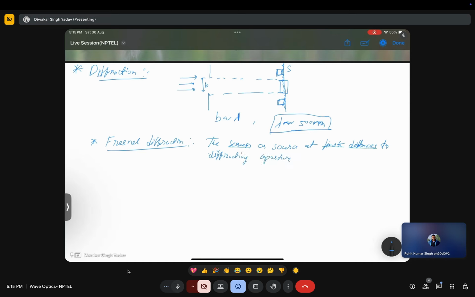It will be like this: this is the slit, you have the source here, the light rays go like this, and you have the screen here.